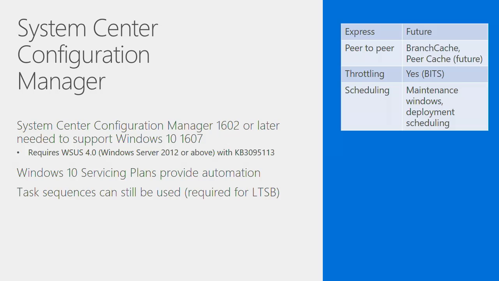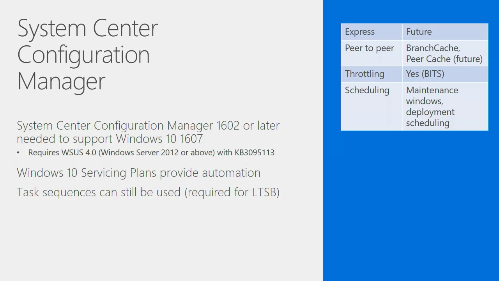So pay attention if you're not yet running at least Windows Server 2012 on your Config Manager servers. But once you get the necessary Config Manager version in place, at least 1602, then you can use Windows 10 servicing plans to do the deployment, or you can use task sequences if you want.